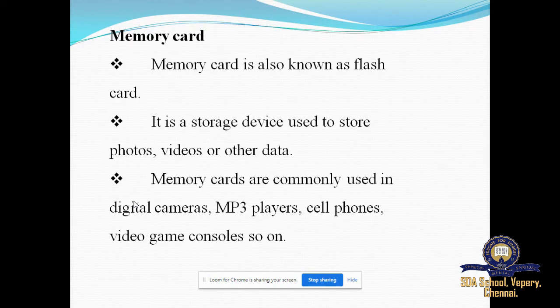A memory card is used for storing information like photos, videos, or other data. Memory cards are commonly used in digital cameras, MP3 players, cell phones, and video game consoles, and so on.